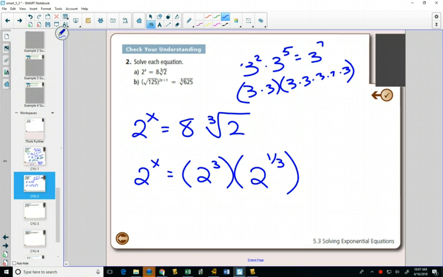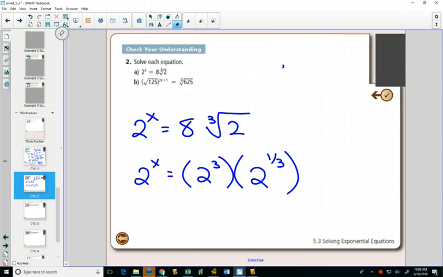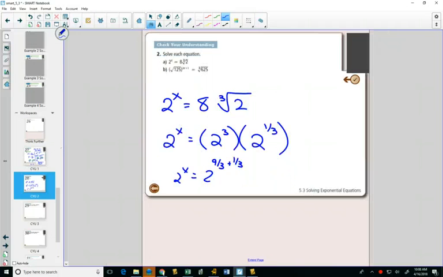But the neat thing is that that idea, although we can easily see it with whole numbers, stays true even when we get to fractions and not nice numbers. So if we have 2 cubed times 2 to the 1/3, if I add these, 3 plus 1/3, I'm going to have to get a common denominator. 3 is 9 over 3 plus 1 over 3.